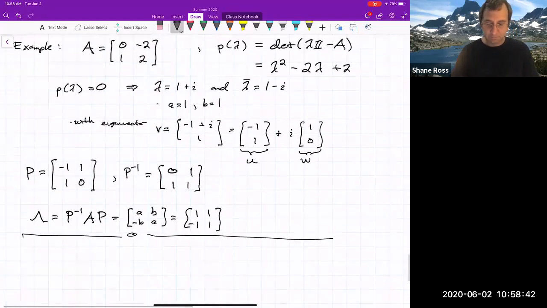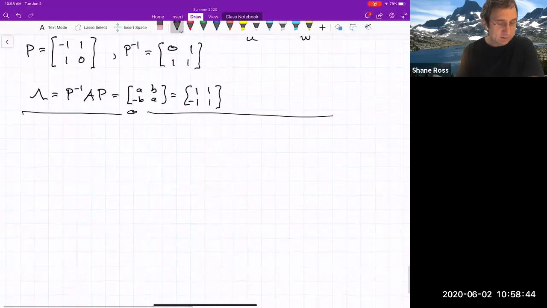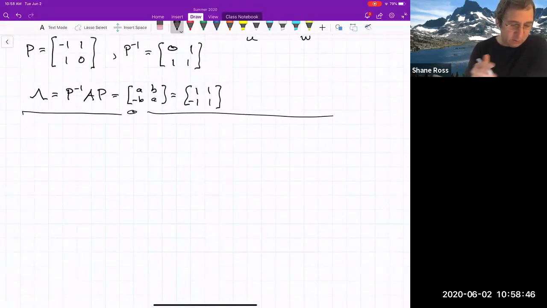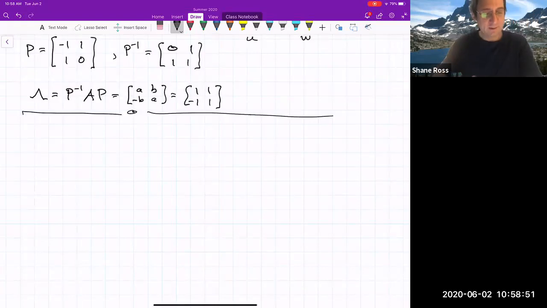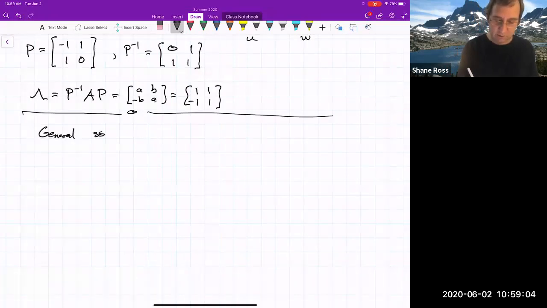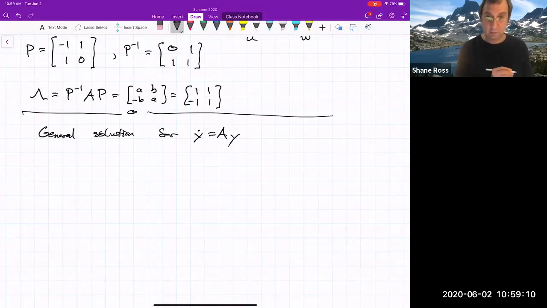I guess what I want to say before that is, why do we want to look in the eigenbasis? It becomes easier to interpret things, especially when we write the general solution. So hopefully you have seen the general solution for y dot equals A y, where A is a constant matrix.